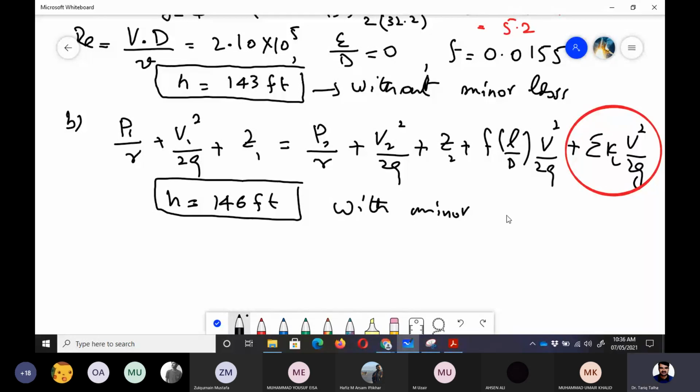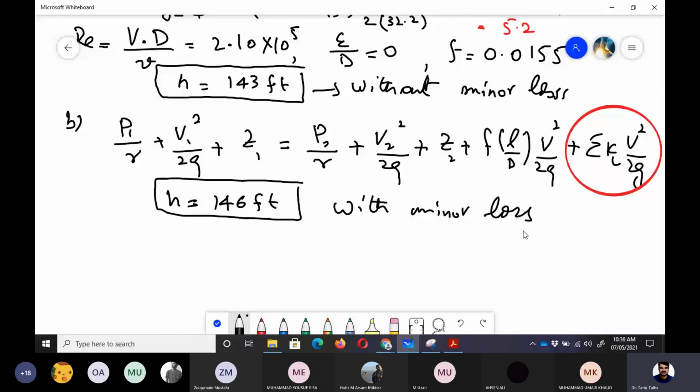So if you see that for this problem, the straight pipe length is more than 1500 feet, so obviously the majority of the loss would be from the friction in the straight pipe.